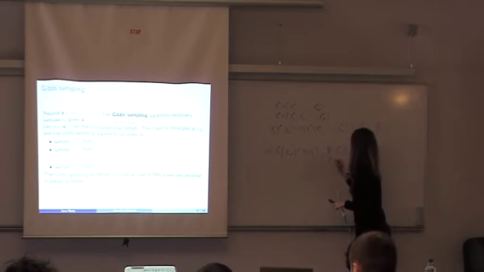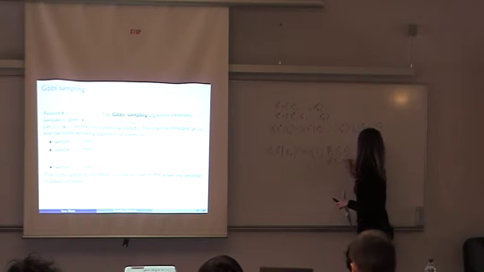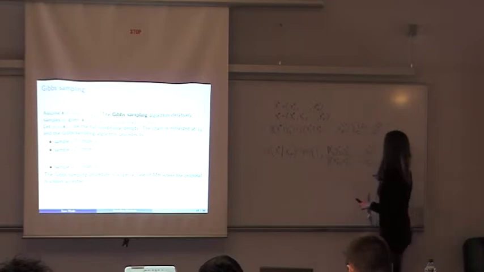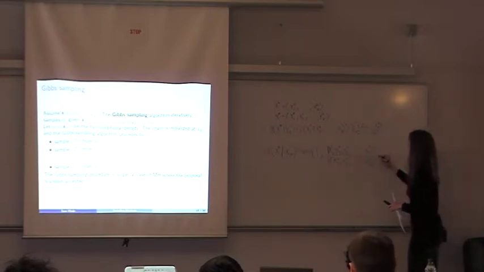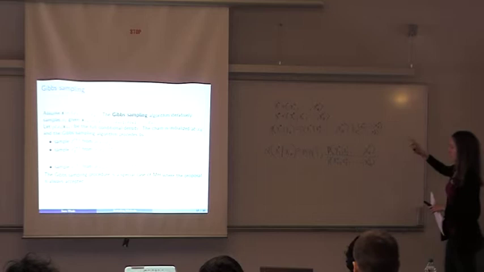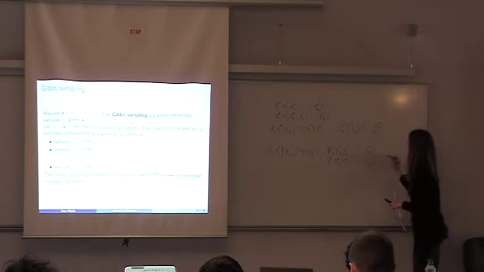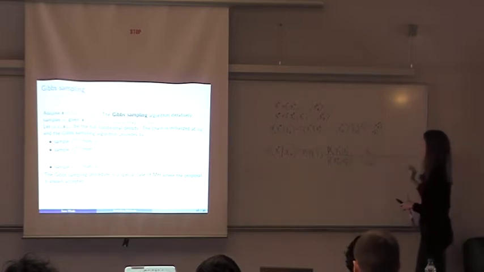divided by our target at our current state, times the ratio of the proposal density.